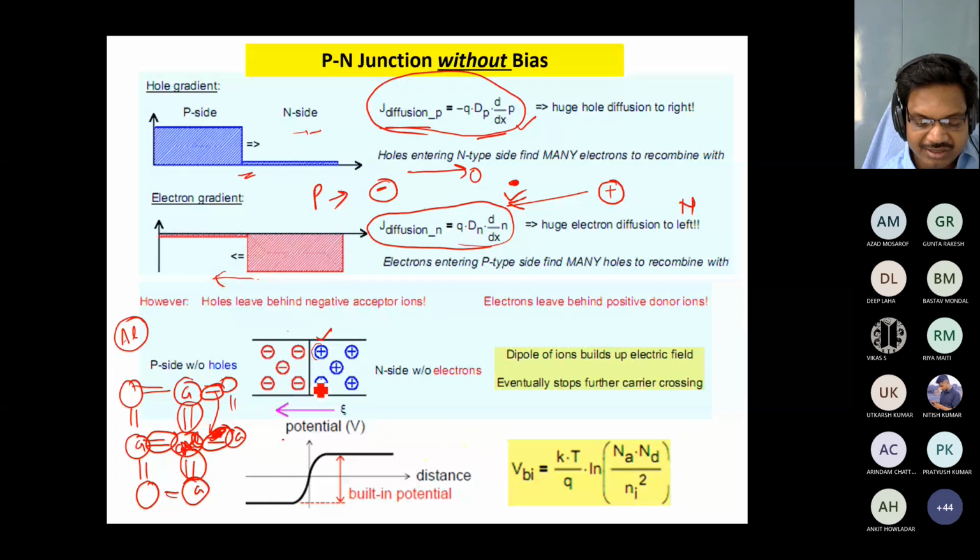Are you getting it? There are no carriers, because they have already recombined and been lost on either side.